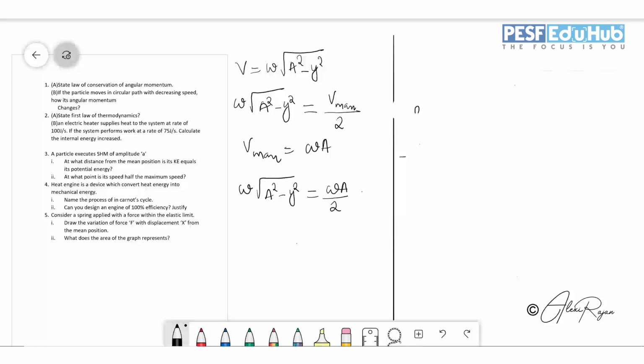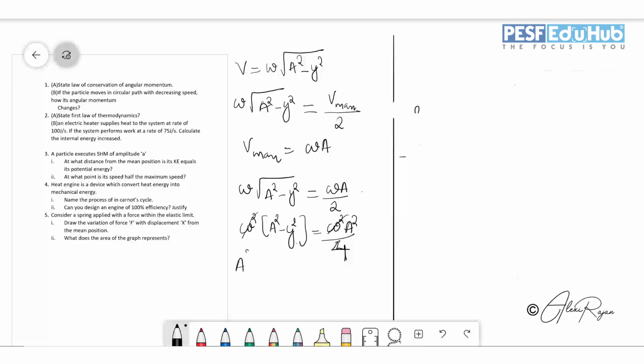From there I am squaring those things to get rid of this square root. So omega square into (a square minus y square) is equal to omega square a square by 4. From there omega square cancels, and a small rearrangement should be done.